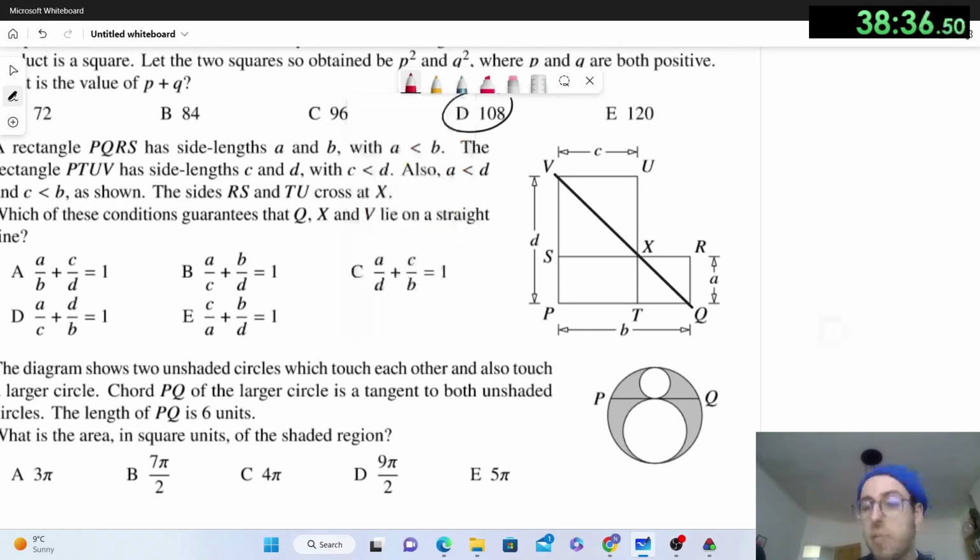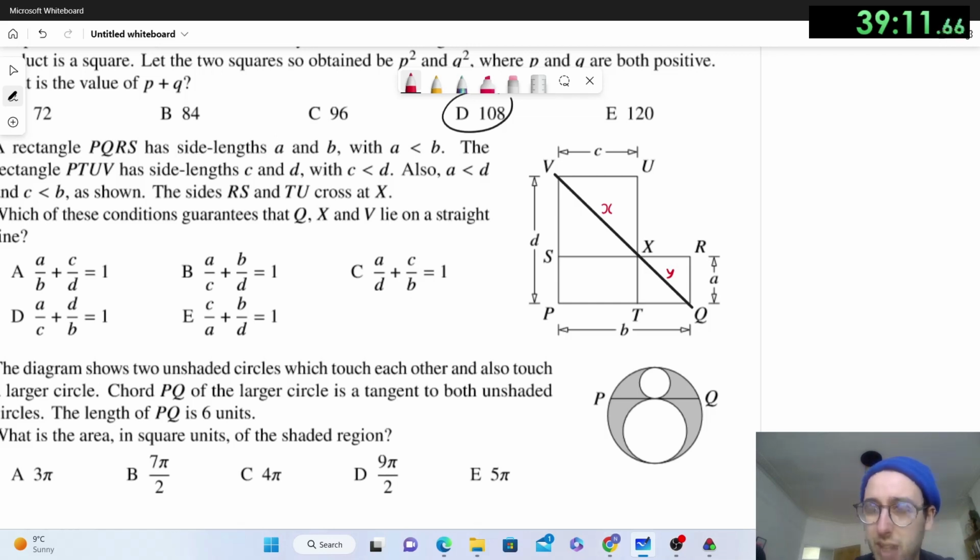This feels like maybe it's a vector question. What do we know about it being on a straight line? I feel like there's a vector thing.